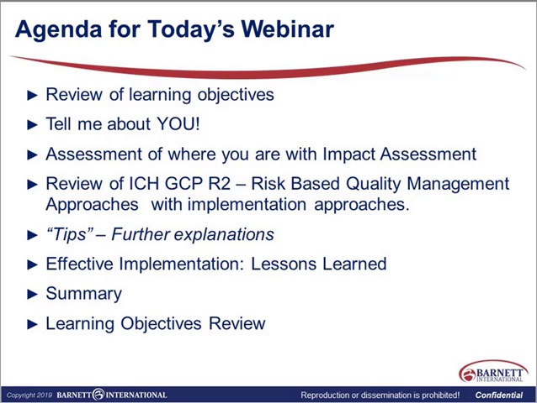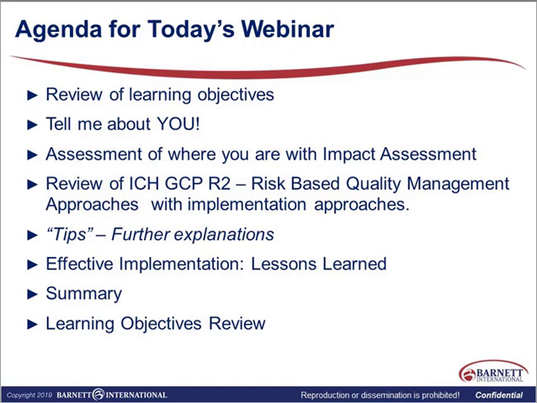Okay, so today we're going to review our learning objectives, and then I'm going to ask a little bit about you guys, what you do. And then we'll find out where each of you are with your impact assessment on the changes related to ICH GCP E6.